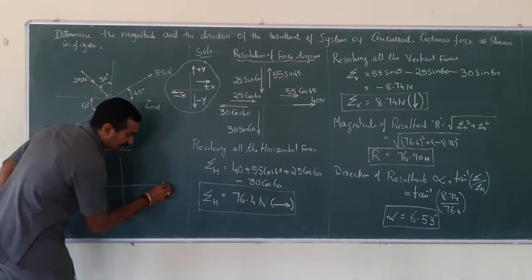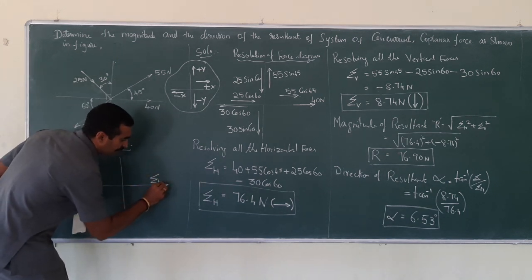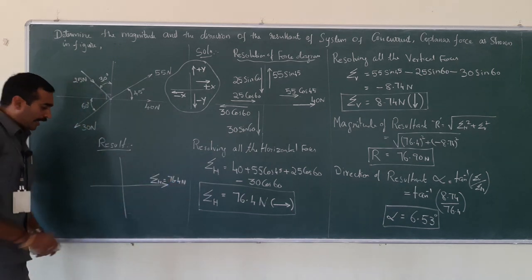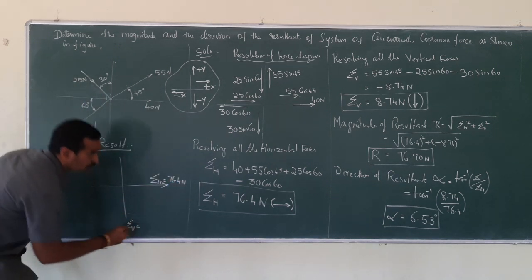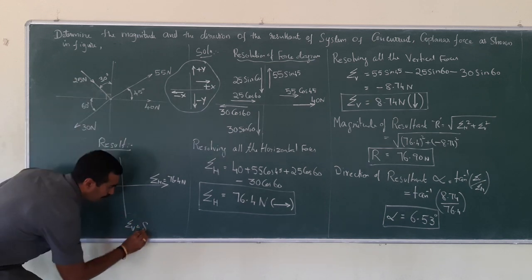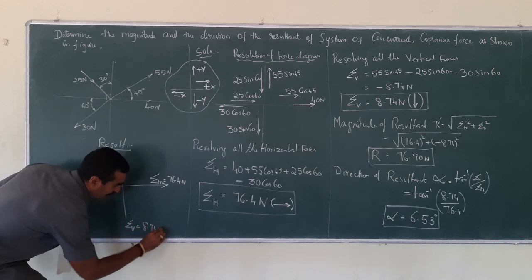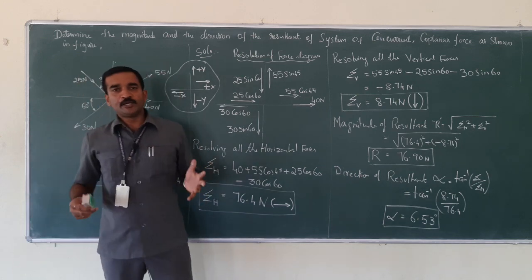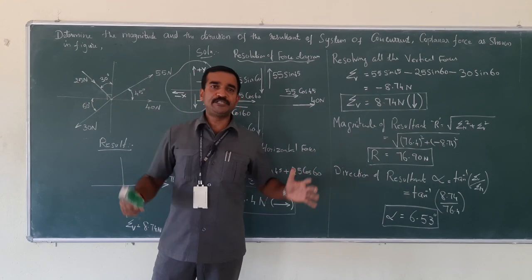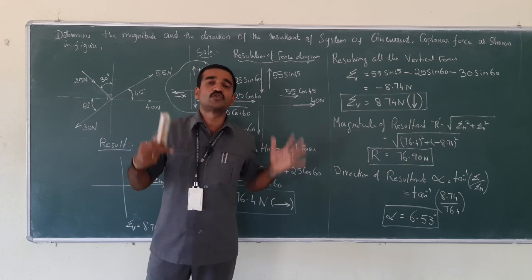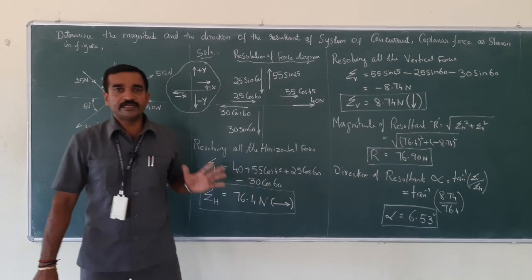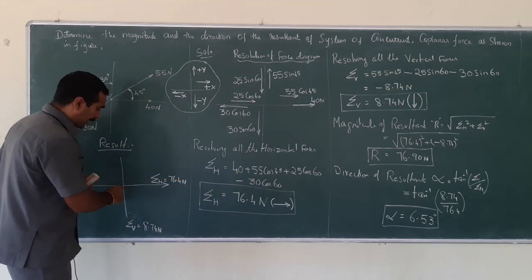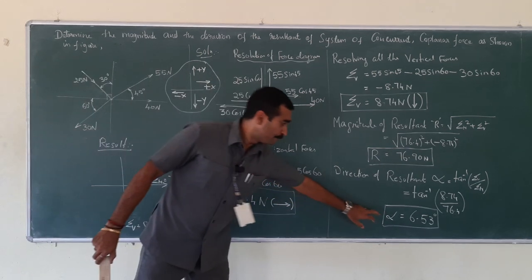So this is the summation H value. Summation H is equal to 76.4 Newton and summation V is equal to 8.74 Newton in the negative direction. What about the resultant? As I taught you, the resultant should be between these two forces, and it is passing along the diagonal of these two forces. Look at this alpha.